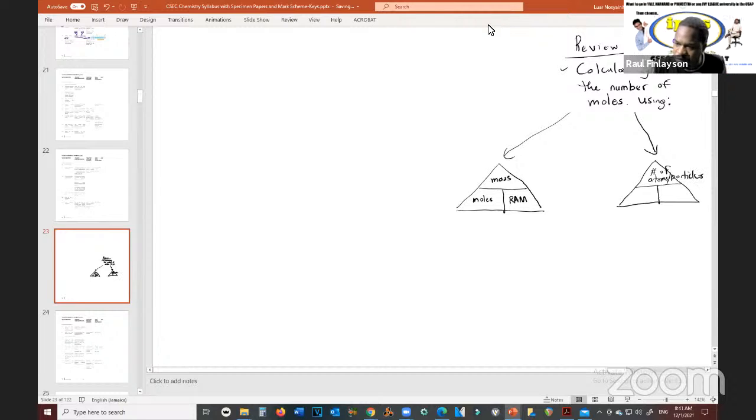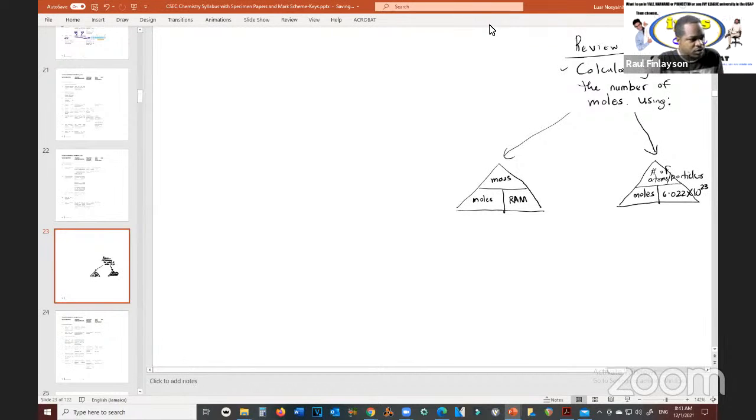Then we input here the number of moles. Just put moles for simplicity. And then we have the number here, which is Avogadro's number, which is 6.02 times 10 to the 23.